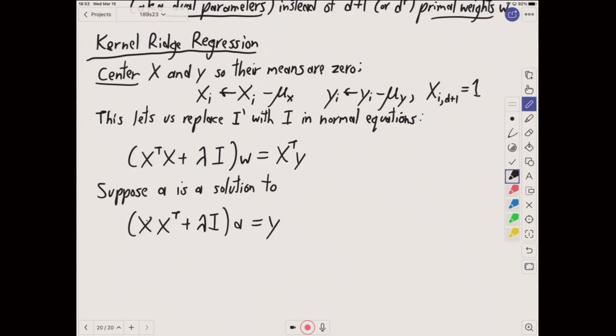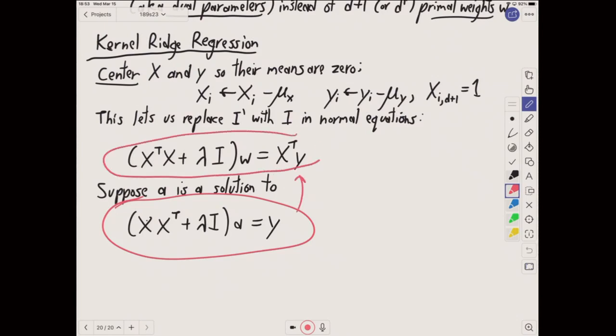You notice it's very similar, but X X transpose, the right-hand side also changed. But it's a very similar equation. So now what I want to do is I want to convince you that this solution A is going to give us a solution to the original normal equations that we're trying to solve as well. So by solving the dual problem, we get a solution to the primal problem.